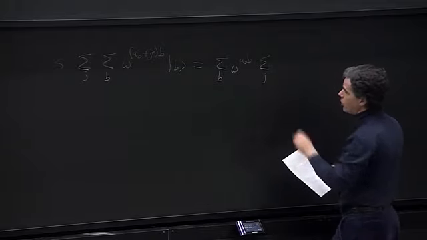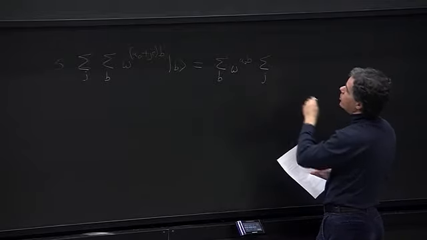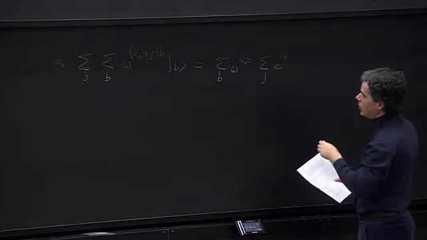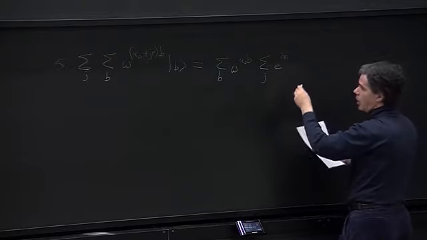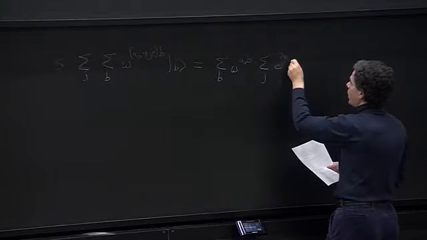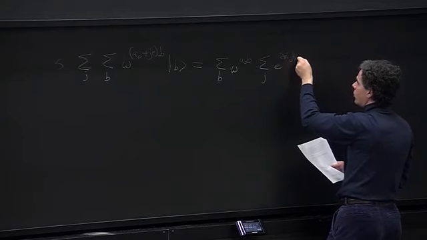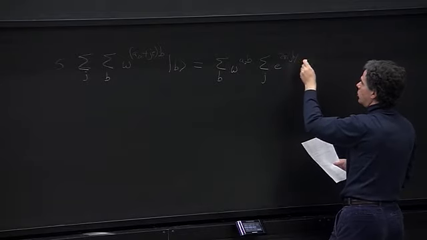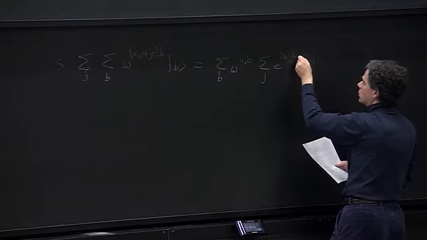Well, what do we have? So I'm going to substitute the value of omega back in there, e to the 2 pi i over 2 to the n. But then I want to rewrite it. So we have omega to the jrb. So I'm going to write it as 2 pi i jb over 2 to the n over r.